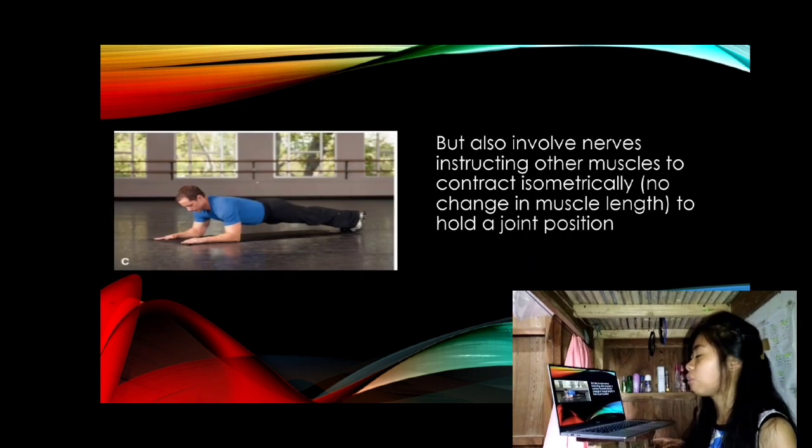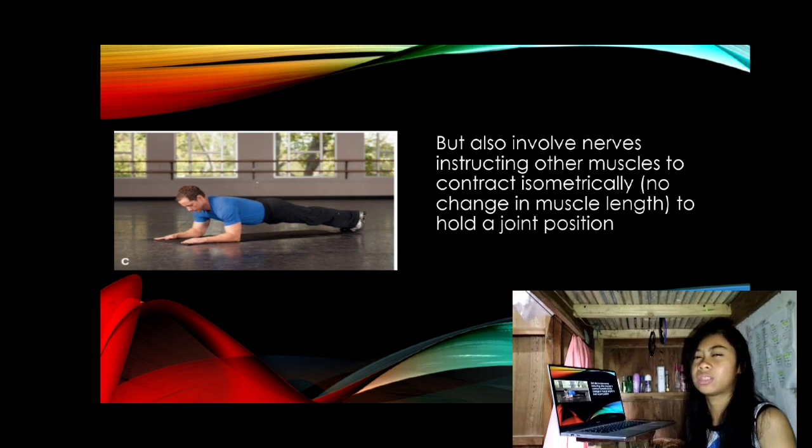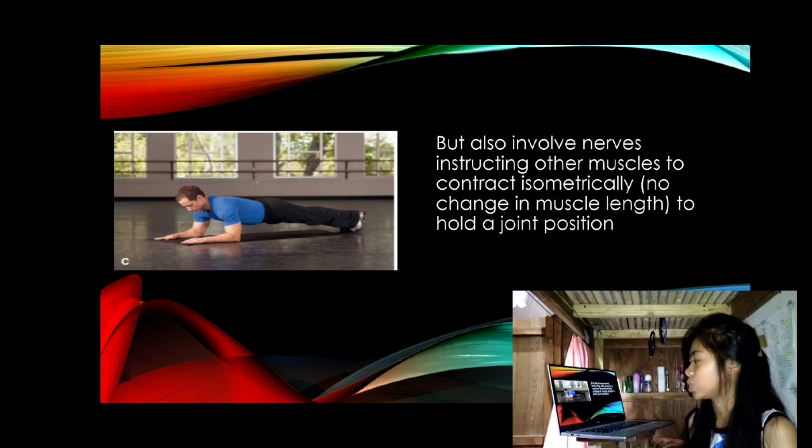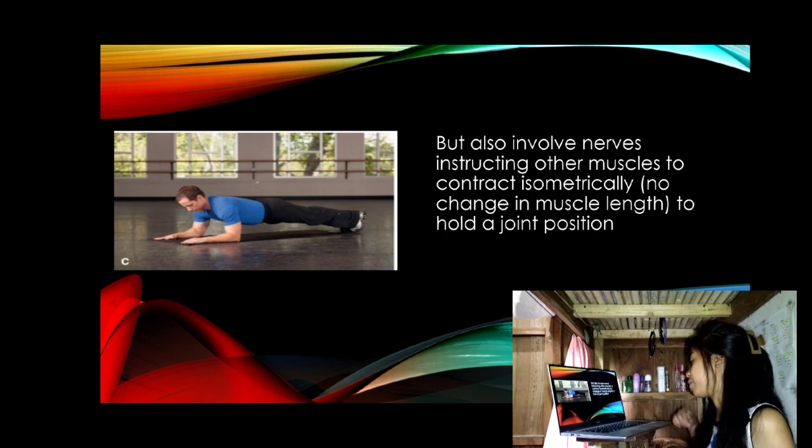They also involve nerves instructing other muscles to contract isometrically, with no change in muscle length, to hold a joint position. Letter C shows there is no change in muscle length.